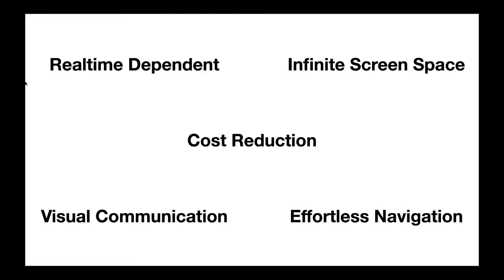And these are just important points to think about. And then, whoops, missed one, but effortless navigation. This is something that AR can help with, as it really ties in with visual communication, but pointing out directions spatially, especially, is a lot easier in AR.